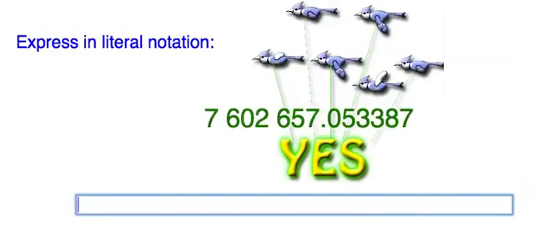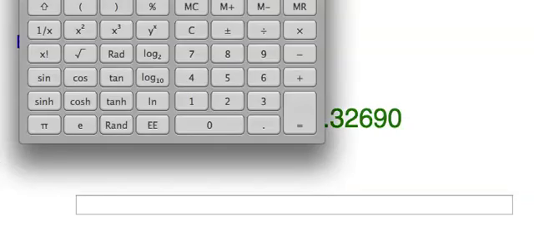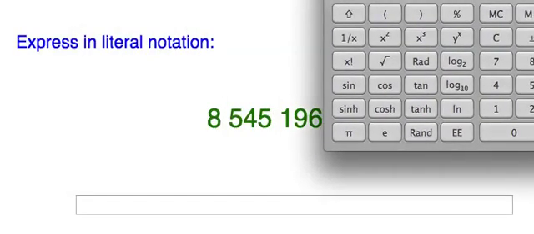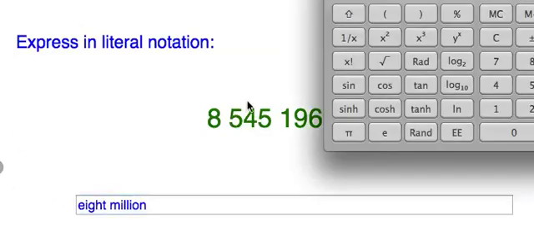And that's it. Here's a fun one. I'm going to do the same trick. I'm going to cover up the decimal and the fraction part. And so we end up with the ones block, the thousands block, and the millions block. So it's going to be 8 million. Then in the thousands block, I have 545.